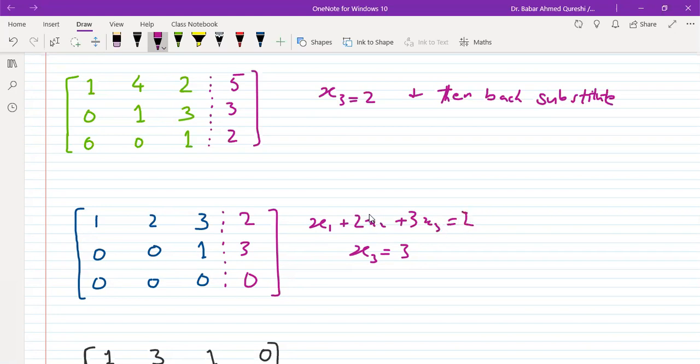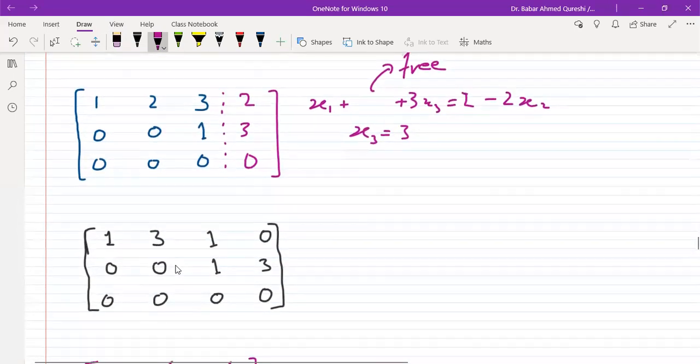So I take x2 to be free, take it to the other side, and start giving it values. Take any value for it and you back substitute. You have a solution, because this whole thing is in row echelon form.